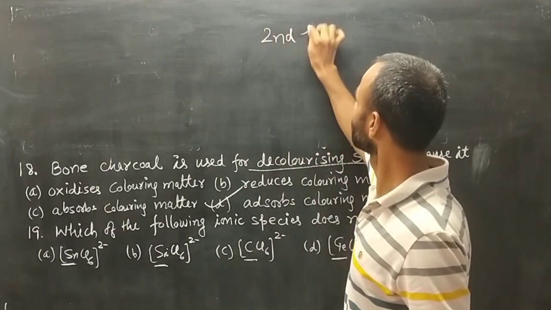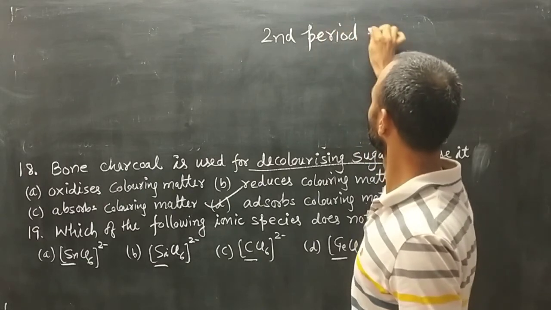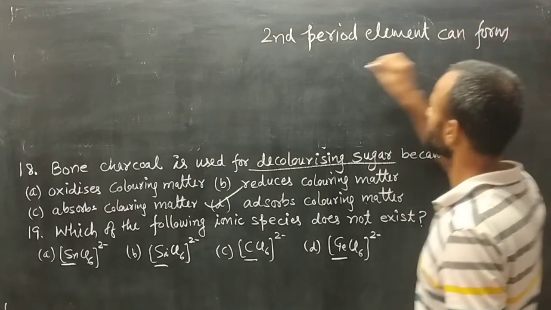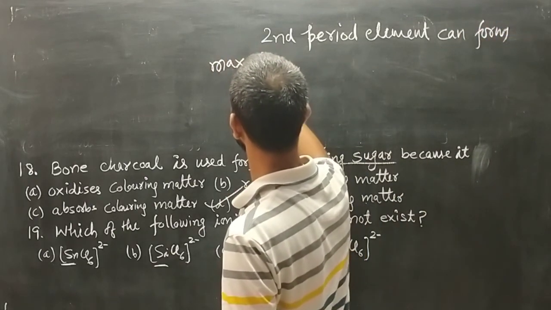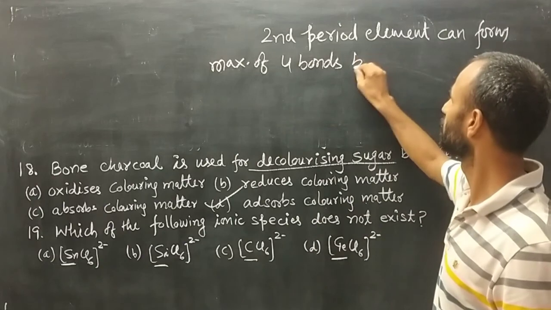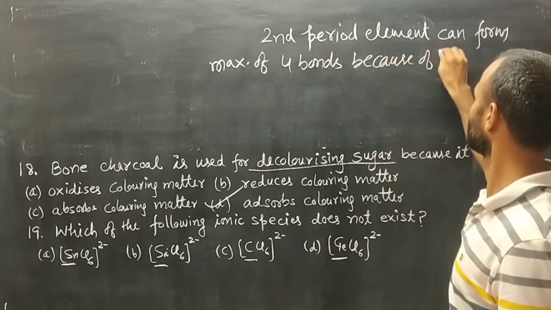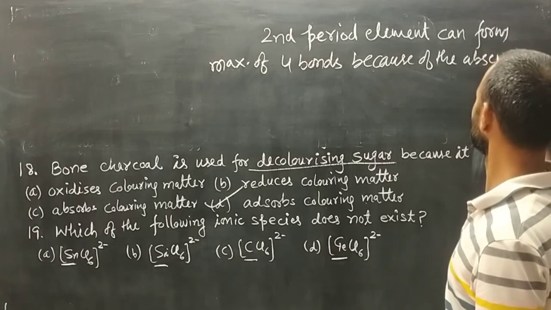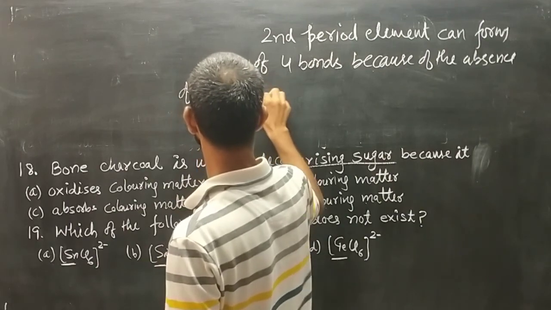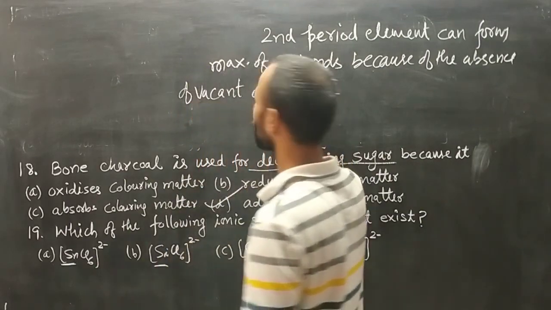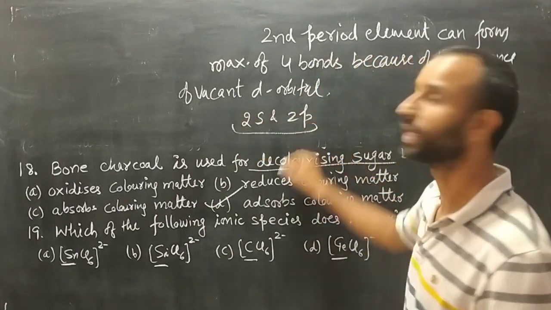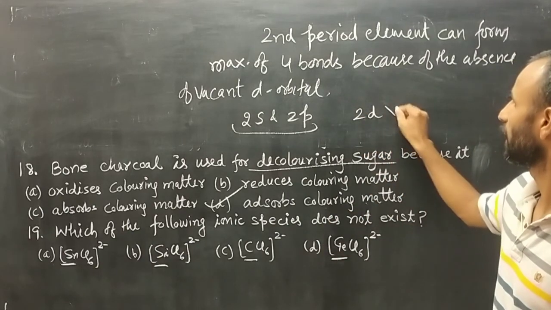Second period elements can form a maximum of 4 bonds because of the absence of vacant d orbitals, because they have only 4 orbitals, one 2s and three 2p. 2d does not exist.